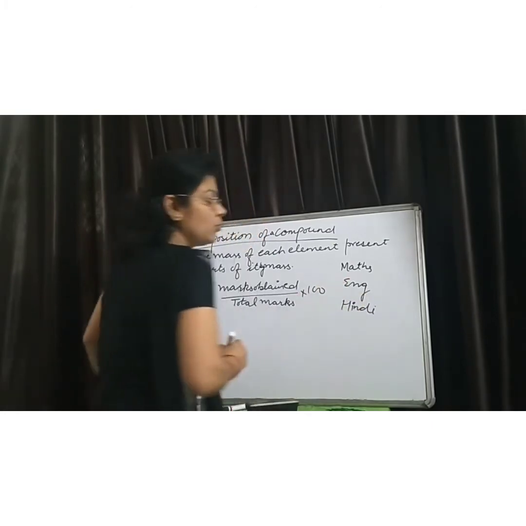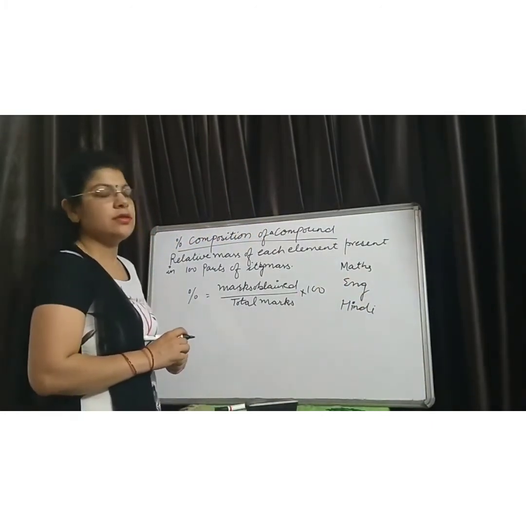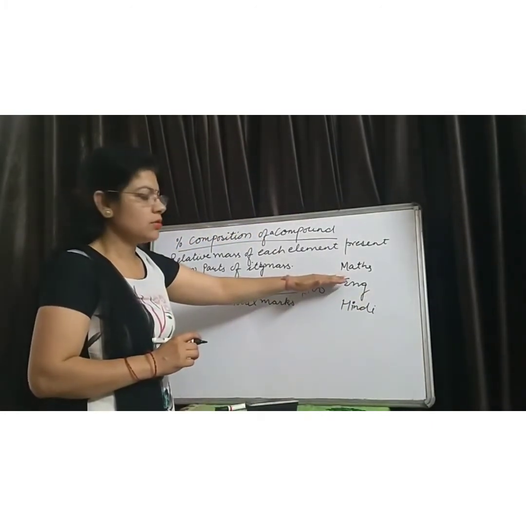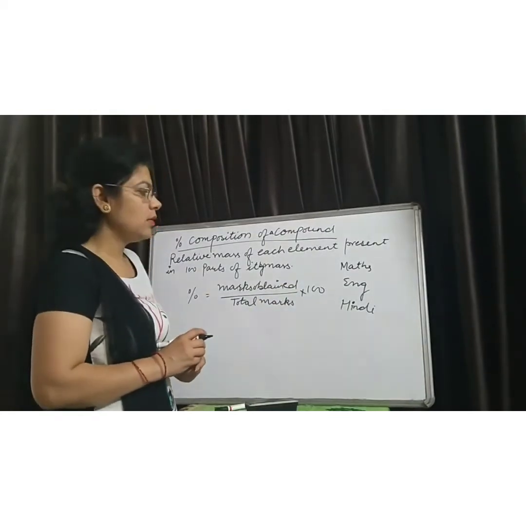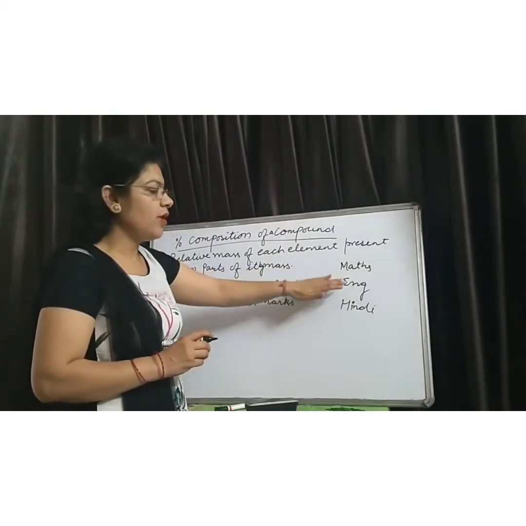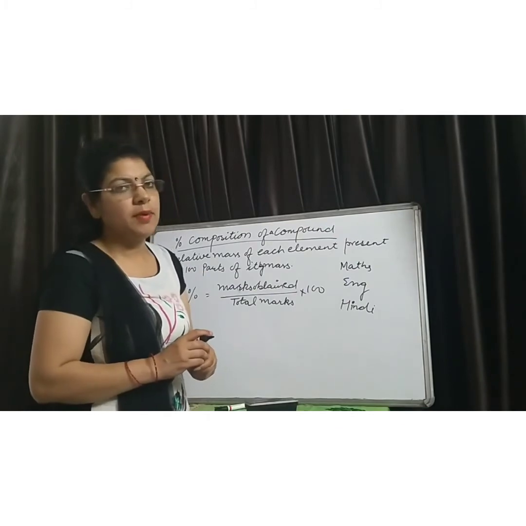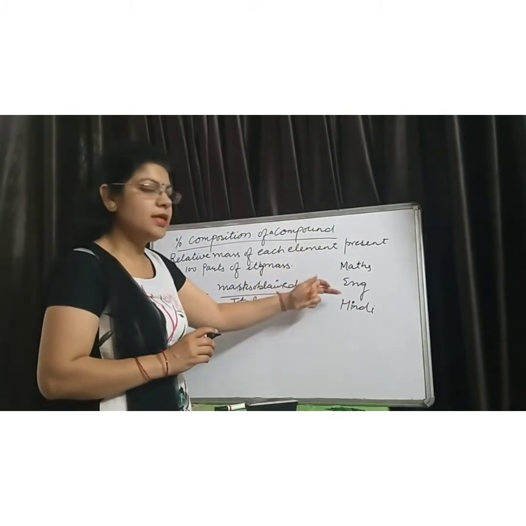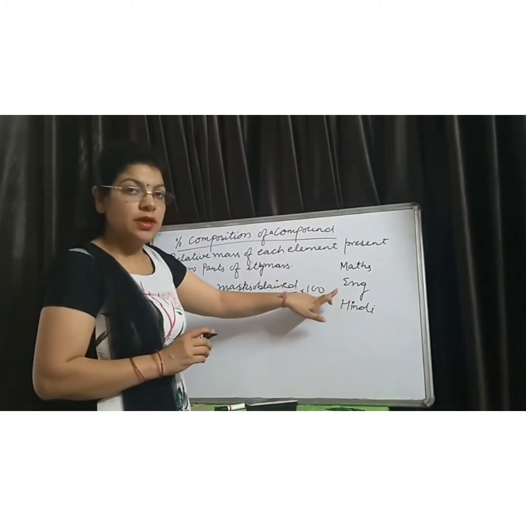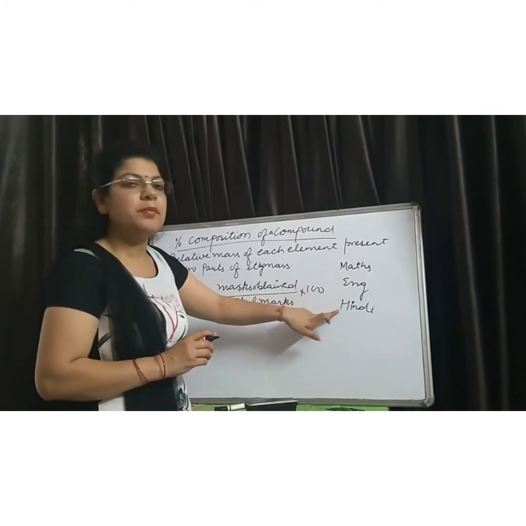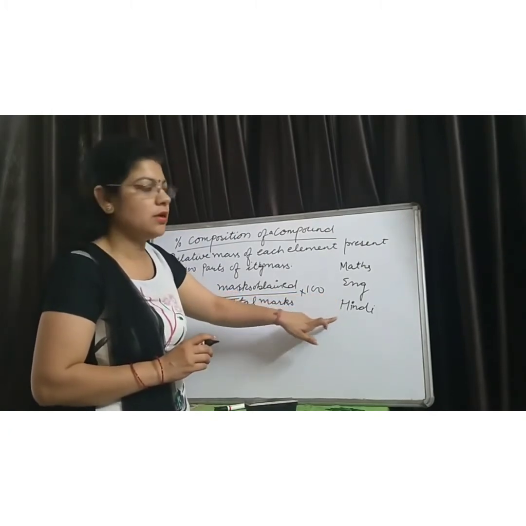If you want to calculate your percentage in math marks, you put your math marks, divide by its total marks, multiply by 100. Similarly, you can easily calculate the percentage of your English subject and your Hindi subject.